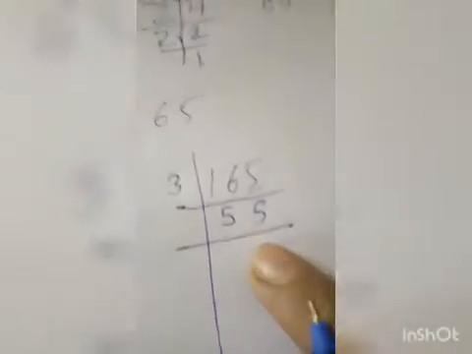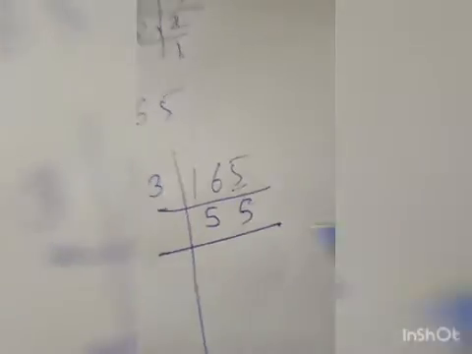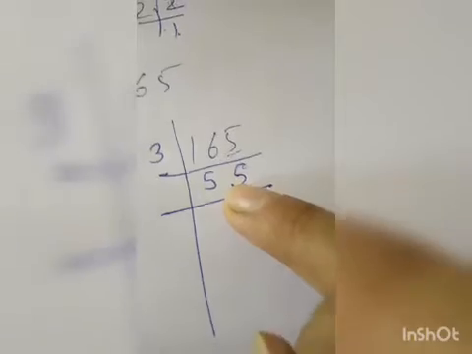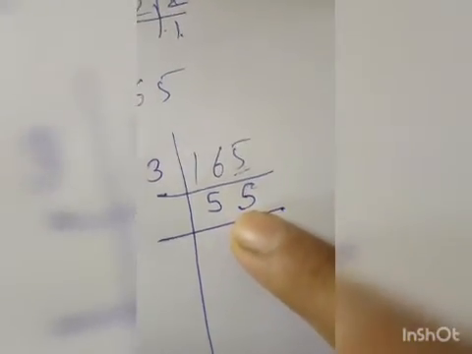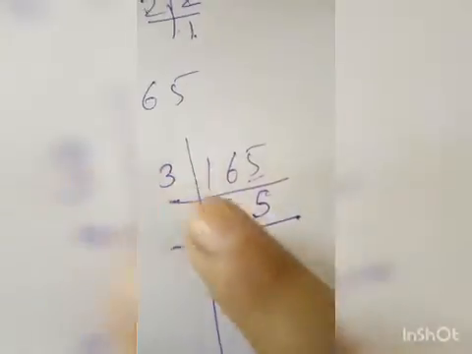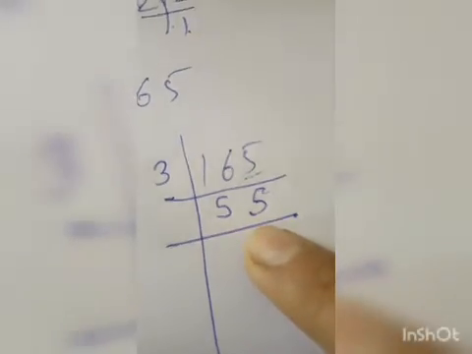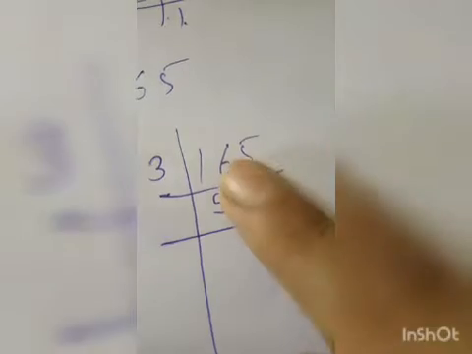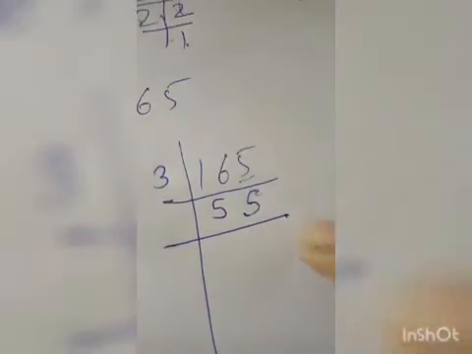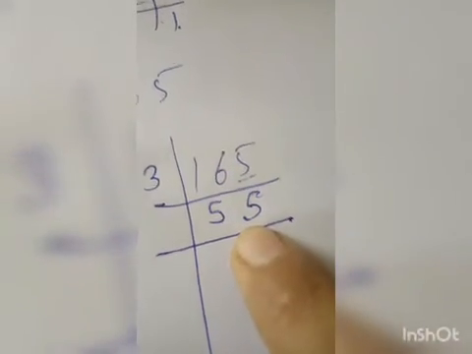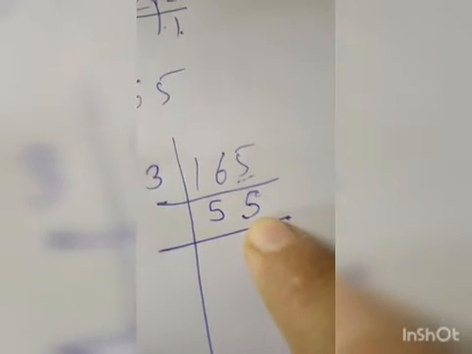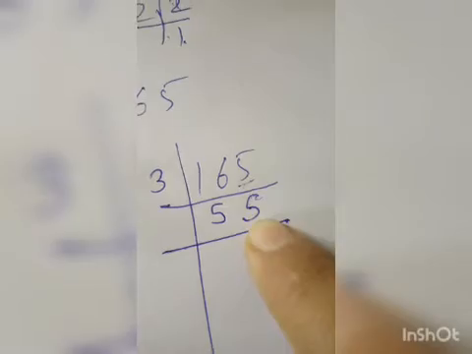Now again we have to choose the least number by which we can divide 55 and get remainder 0. If I divide this again by 3, it is not possible because the remainder cannot be 0. I told you in the previous class, whenever we get 5 or 0 at the end of any number, we can divide that number by 5.